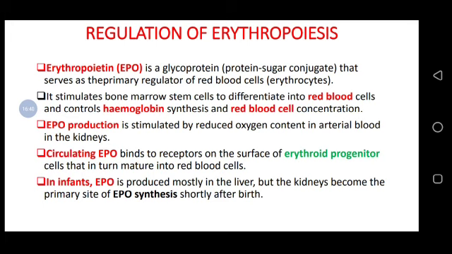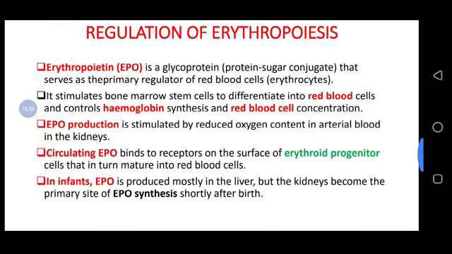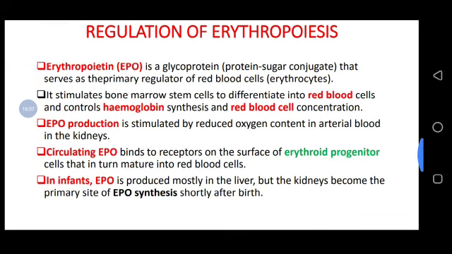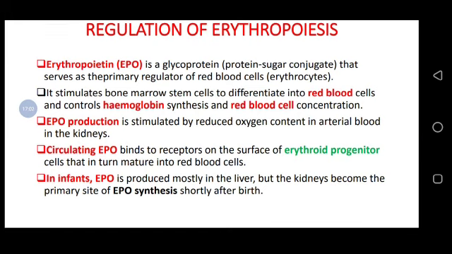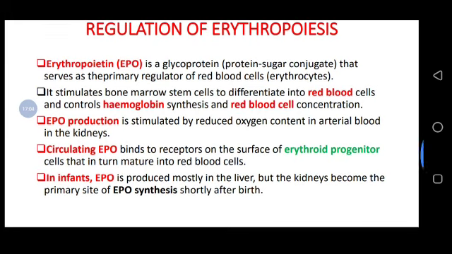For example, if there is not enough, if there is reduced blood supply to the kidney, the oxygen supply to the kidney could also be reduced. So the kidney senses there is reduced oxygen concentration in the arterial blood.